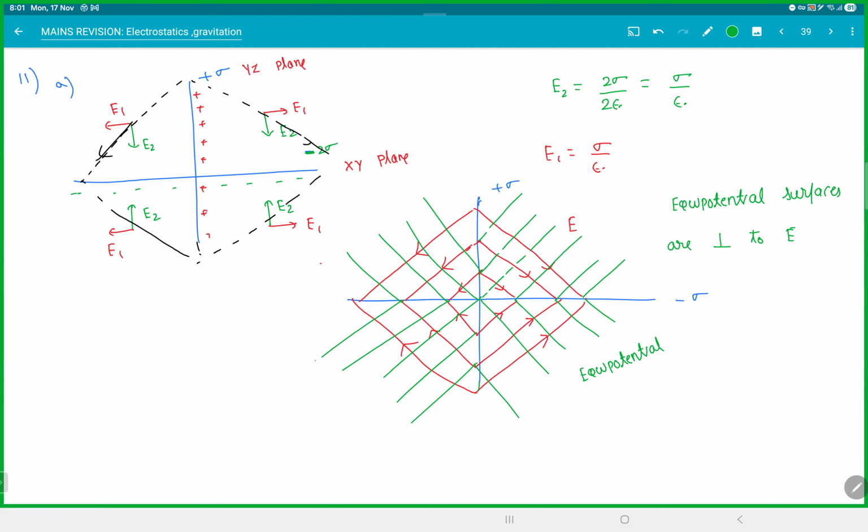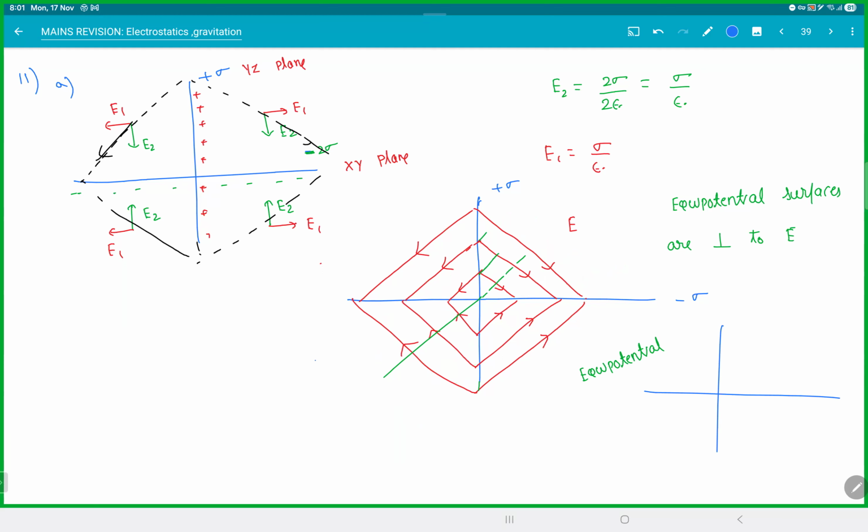Clear, everyone? Maybe I should draw it separately. They look like this.